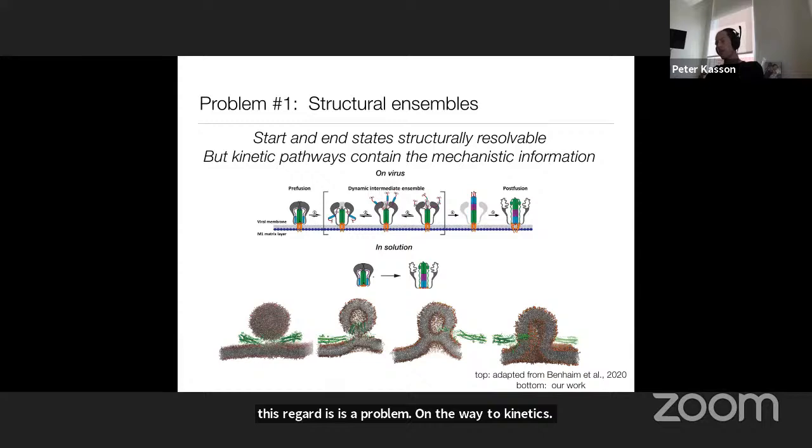For viral glycoproteins and for many other flexible proteins in biology, we can sometimes resolve one or a few states at high resolution with structural information, but the full ensemble of states and often the intermediates contain much of the important mechanistic information for figuring out how these function and also how to engineer them.